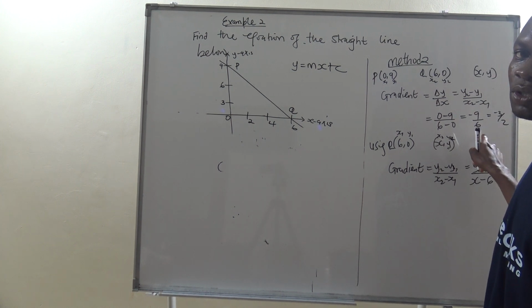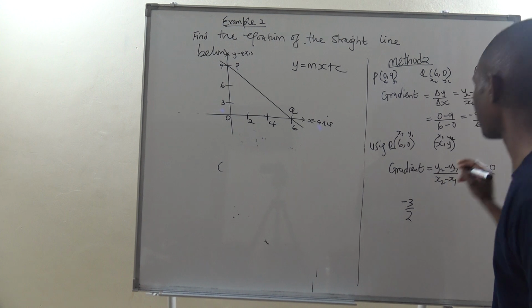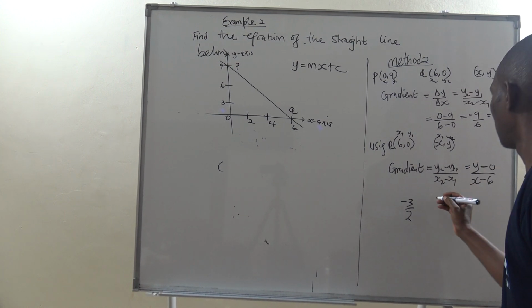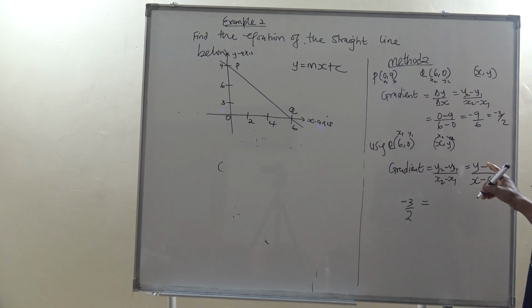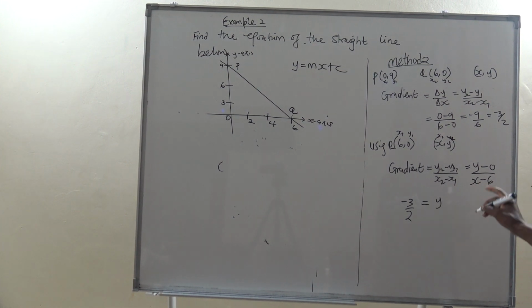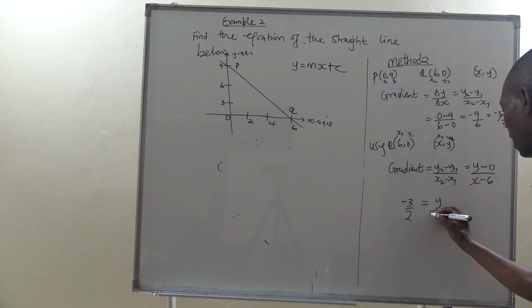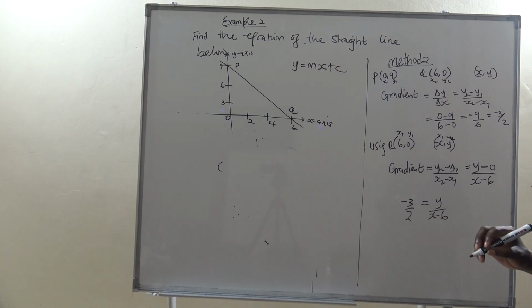I just substitute. I say negative 3 over 2, which I got at first, will equal y minus 0, which becomes y, over x minus 6, which remains as it is.